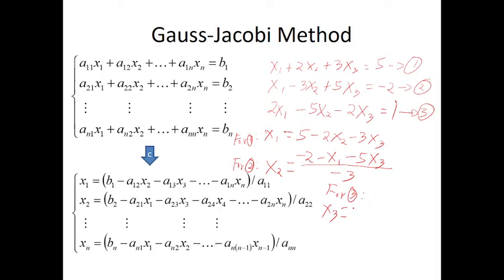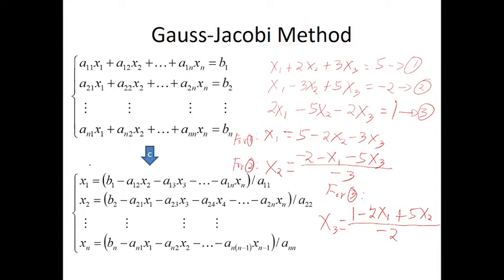So that is 1 minus 2x1 plus 5x2, all over negative 2. So that is x sub 3.